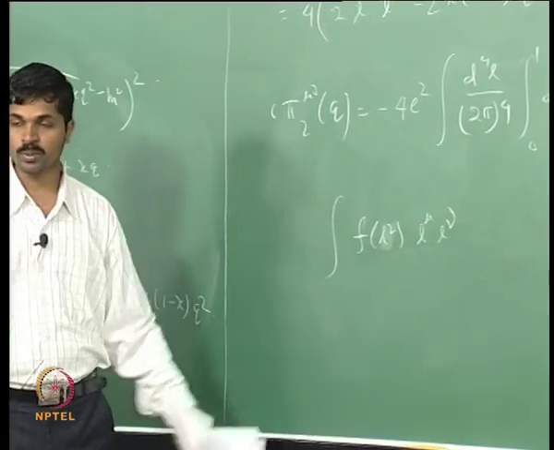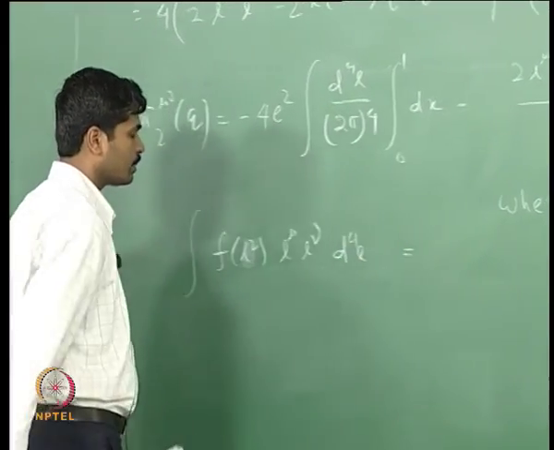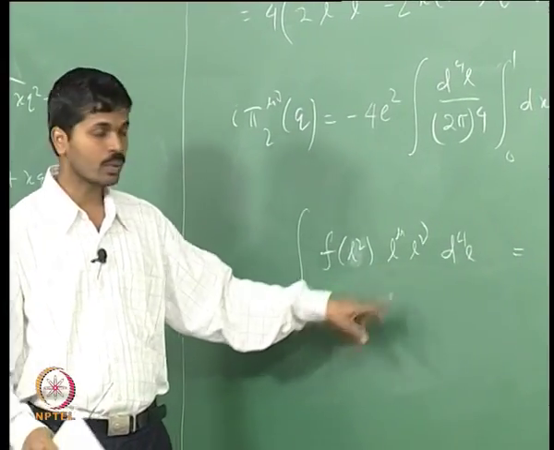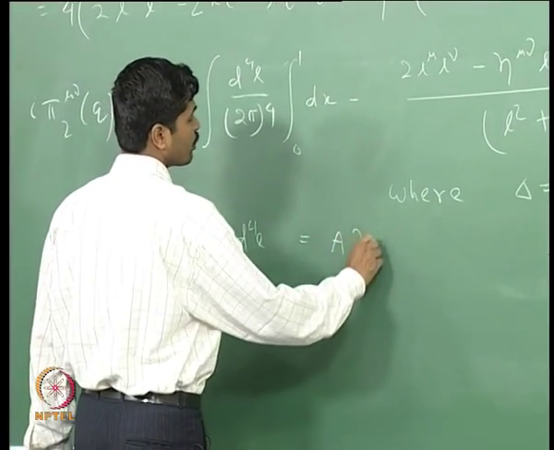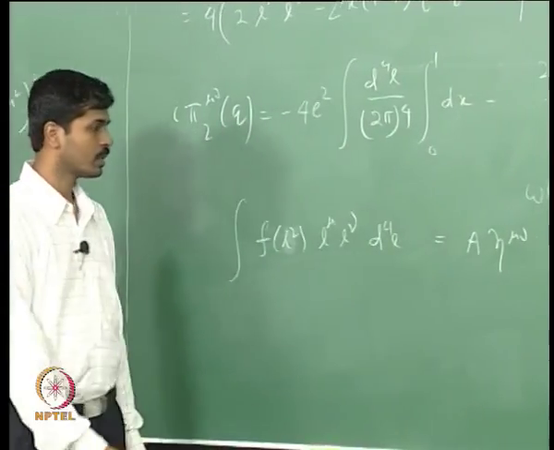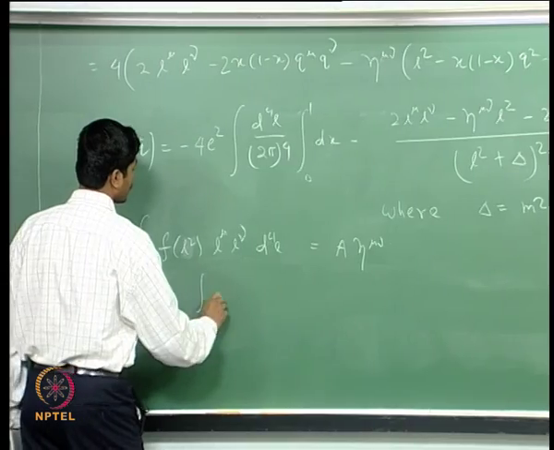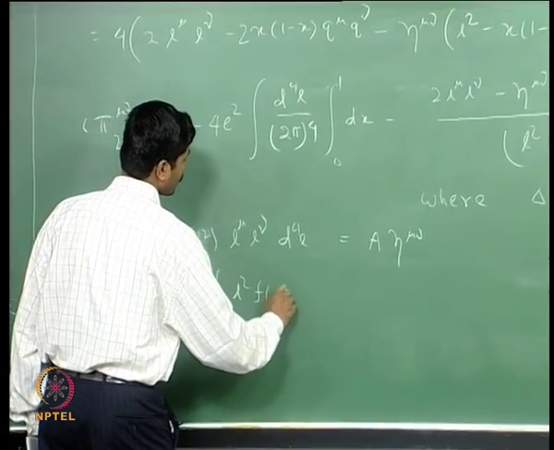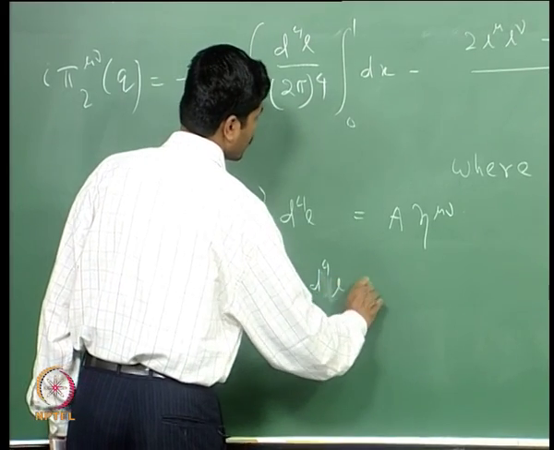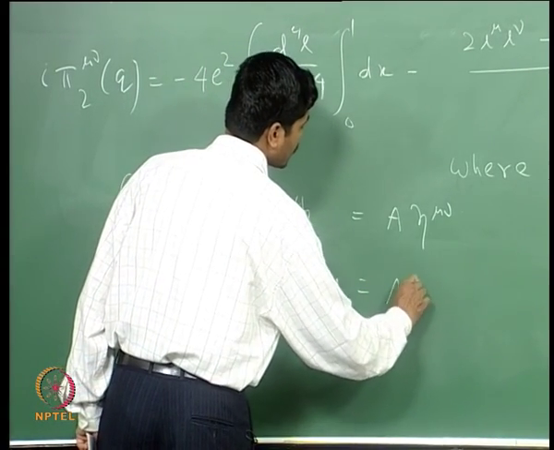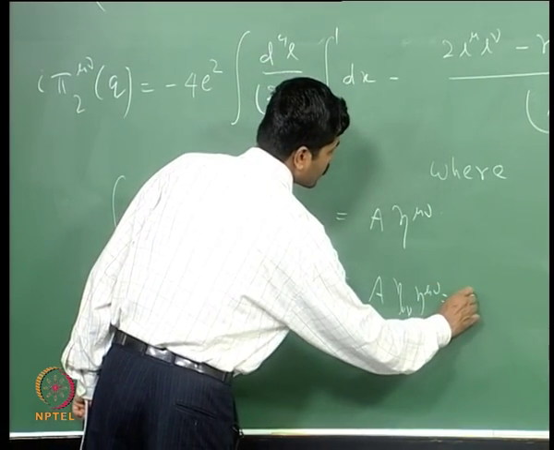When you integrate d4 L at the end, because it is symmetric in L, the only thing that you can get is some quantity a times eta mu nu. If you contract this with eta mu nu, what you get here is L square f of L square d4 L is simply a times eta mu nu contracted, which is 4a.